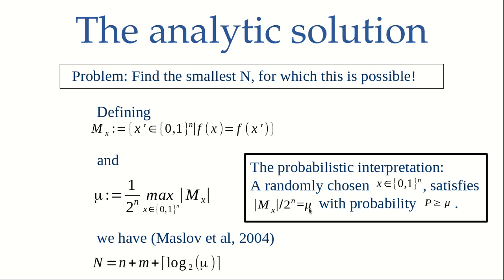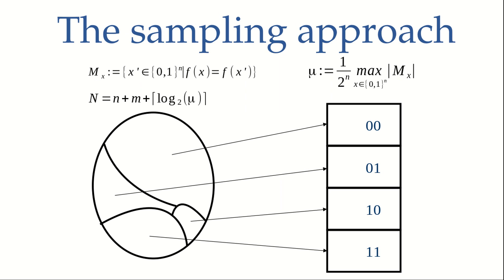And the probability of a randomly chosen x satisfying this is at least mu, right?